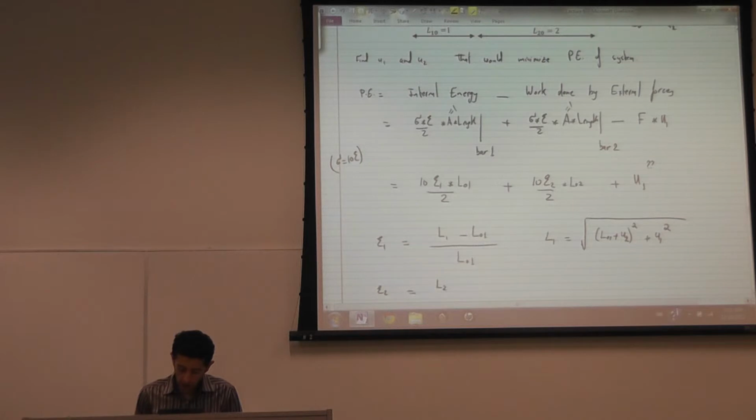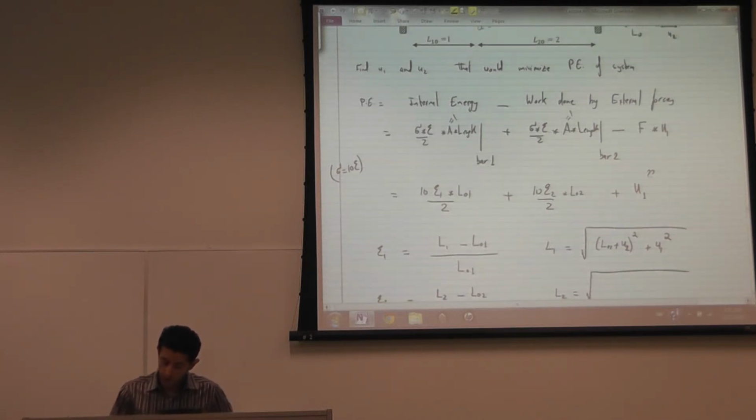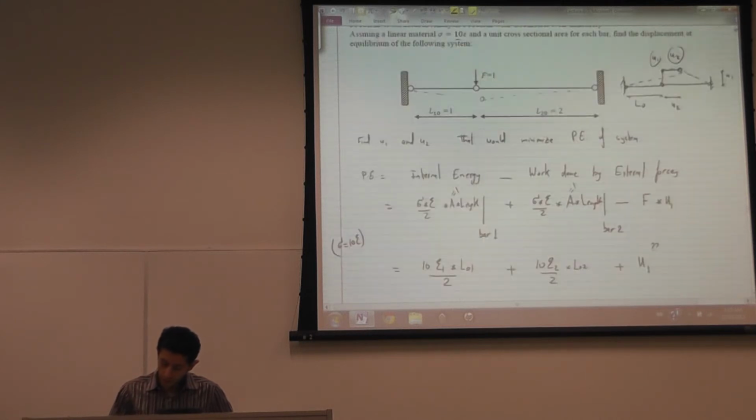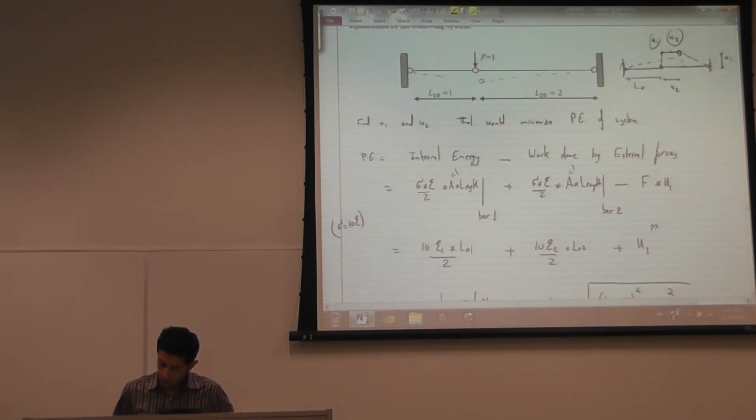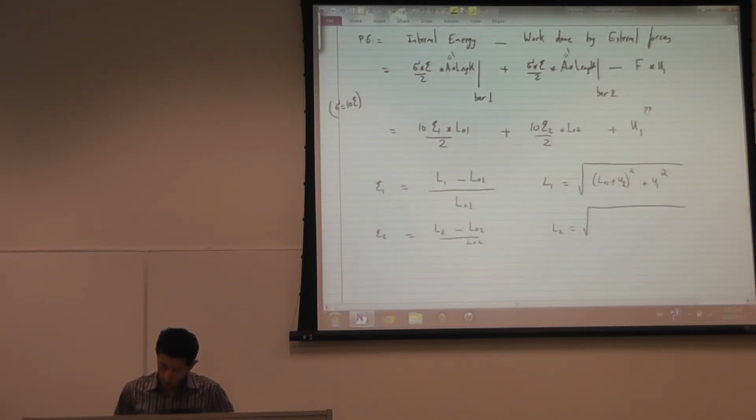The strain in the second bar is a function of the length minus the initial length, and the length of the second bar after deformation is L2, the square root of L02, the initial length, minus U2 squared plus U1 squared.